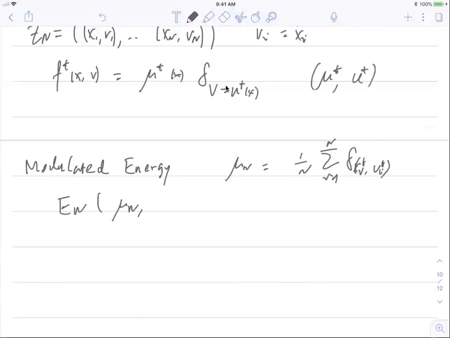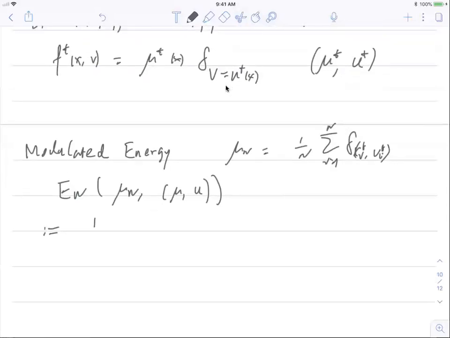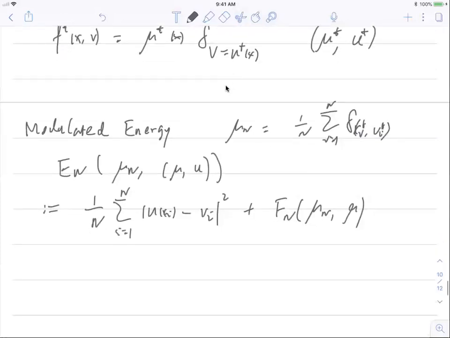So mu t is the phase space density, and ut is the velocity field at position x. We use this quantity to do Grunwald type things. So Fn is exactly like what I defined before.